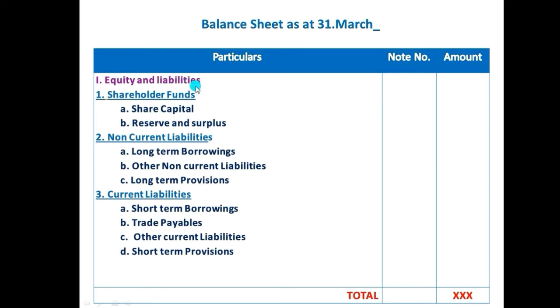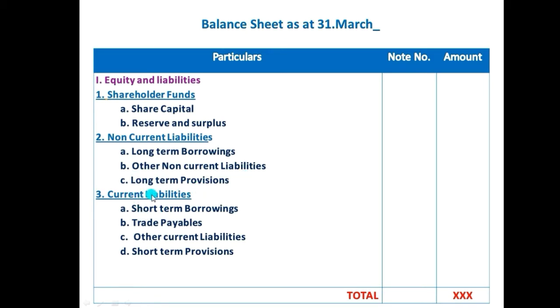Then liability we are dividing as non-current liability and current liability. Non-current liability means it is an obligation actually. This obligation the company need not meet within 12 months. The company should meet this obligation after 12 months. Under this we should record long-term borrowings, other non-current liabilities, and long-term provisions.